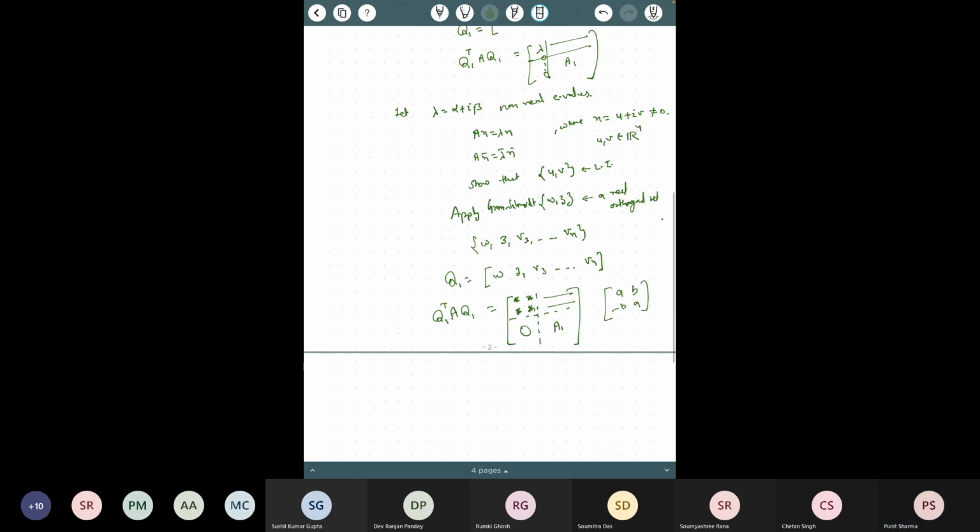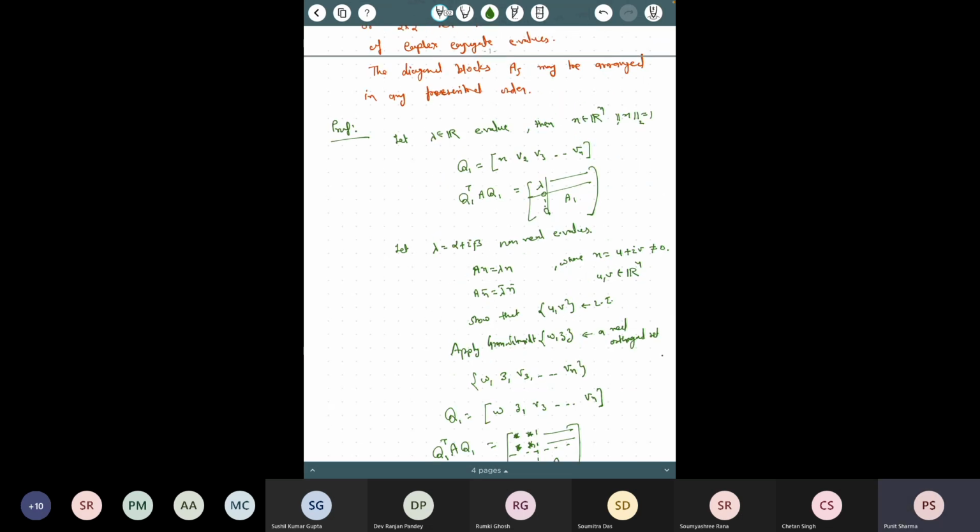I'll leave it here, but I hope that you have understood the concept. So you just rewrite the proof. You look at what we did in the complex case, and a similar idea we can use here also, and then we can prove this result also. Okay.